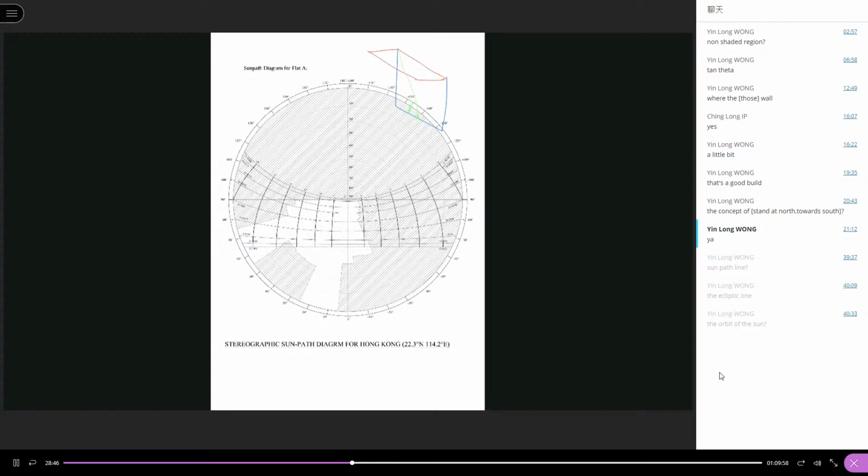Let's say this angle is maybe 40 degrees. And for this point, I measure the altitude angle, maybe 35 degrees. And I want to plot these 2 points onto the sun path diagram for flat A.